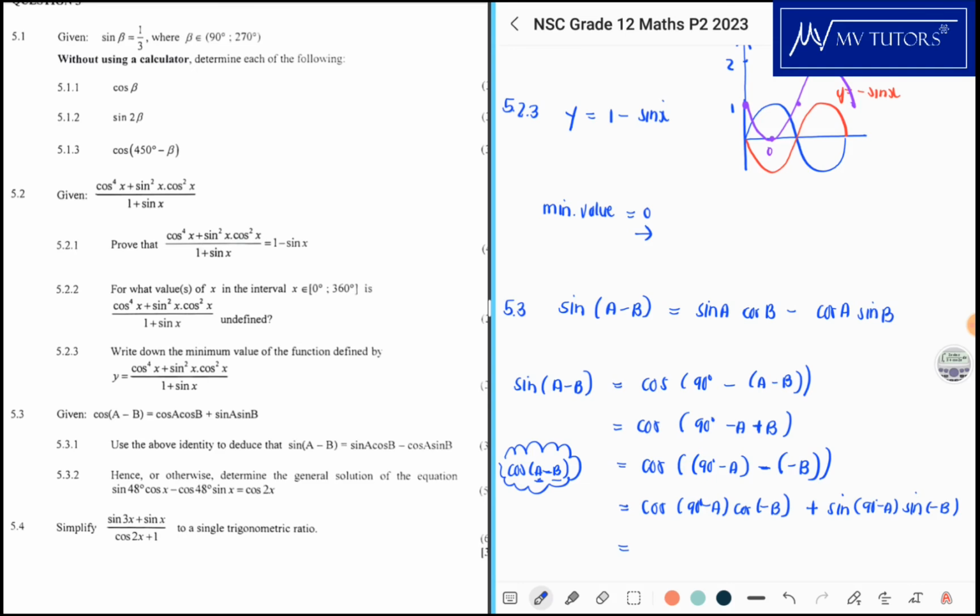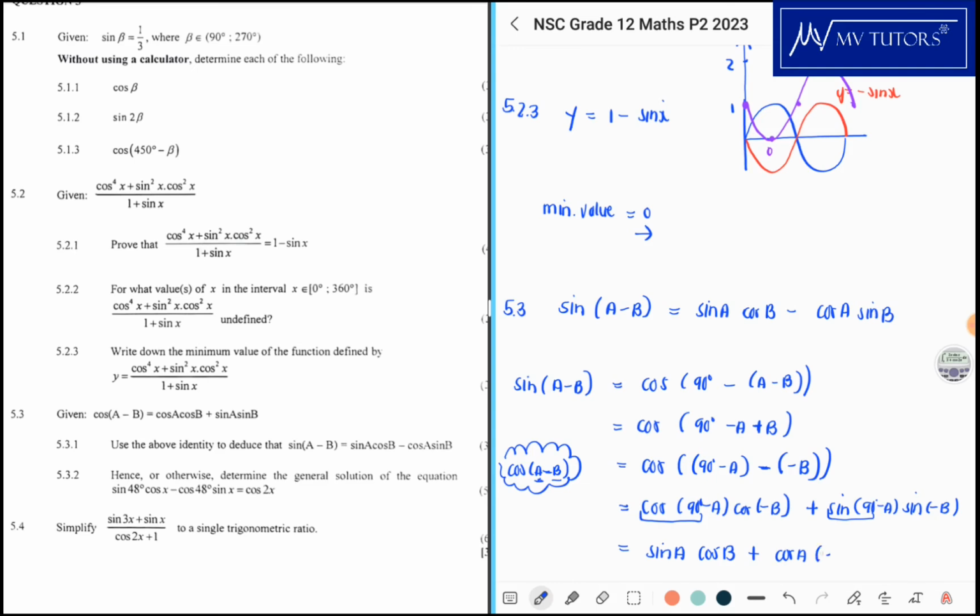And then we can just simplify it further. We know that cos 90 minus A turns into a sine. So we're just going to have sine A, because 90 minus A is in the first quadrant and cos is positive in the first quadrant. Then cos of a negative angle is just cos of that angle. So sine A cos B, and then I have a plus over there. Sine 90 minus A turns into a cos, and because it's in the first quadrant, it's positive.